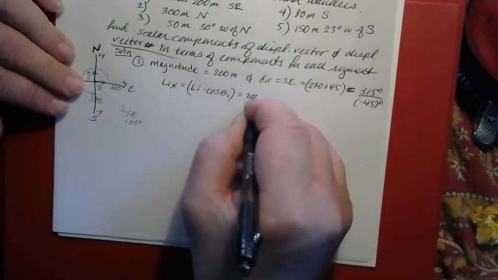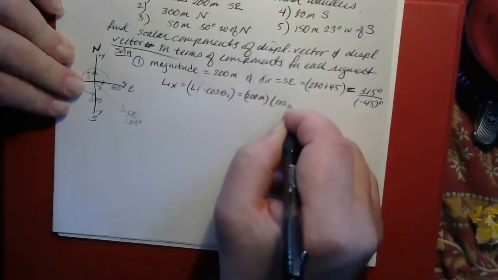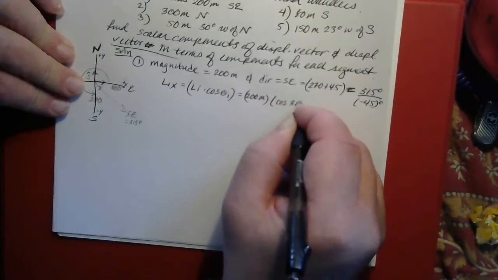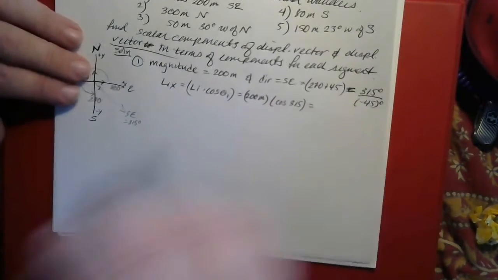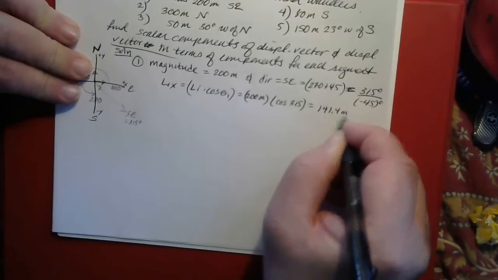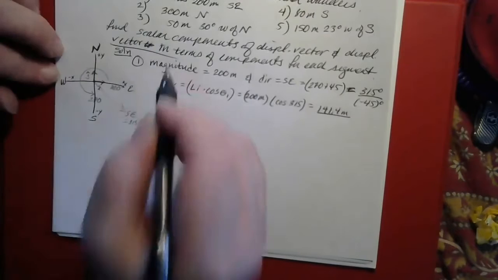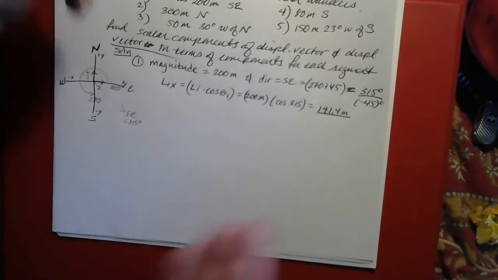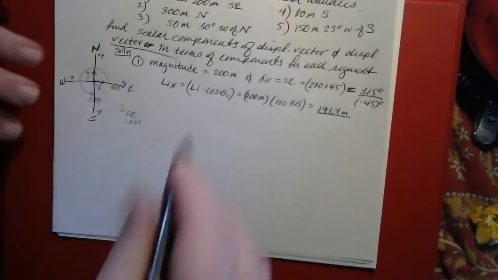And that's going to be 200 meters times cosine of 315, which is 0.707 something. If you multiply that out, you get 141.4 meters. So that's the x component of the vector for the first segment of the dog's journey.